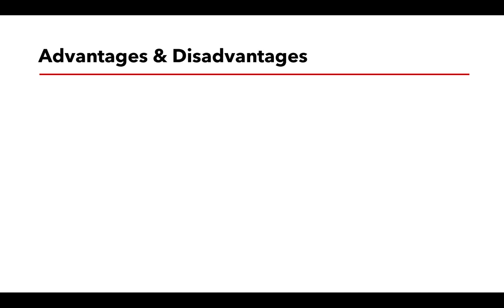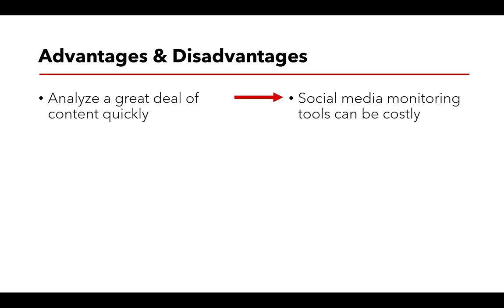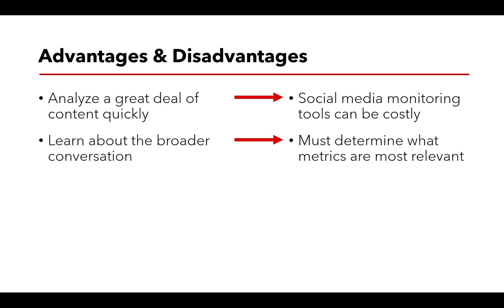As we begin to wrap up our discussion of social media monitoring, it is important to discuss the advantages and disadvantages of using social media monitoring platforms. First, you are able to analyze a great deal of content quickly, but these tools can be costly to implement. Next, you are able to learn more about the broader conversation beyond your own social media platforms, but you must determine what metrics are the most relevant or you'll be overwhelmed with data.